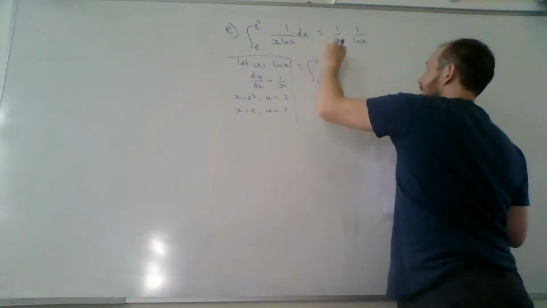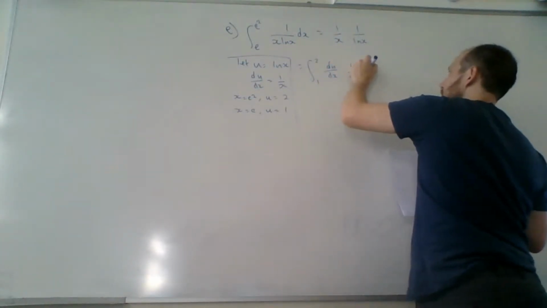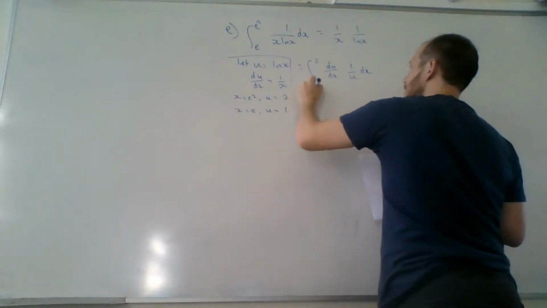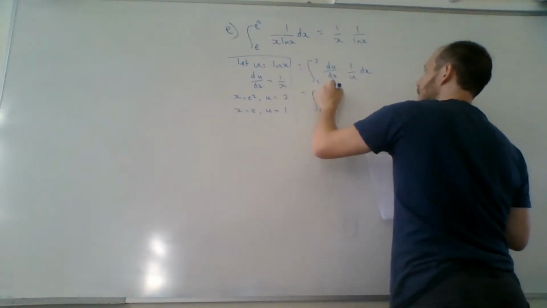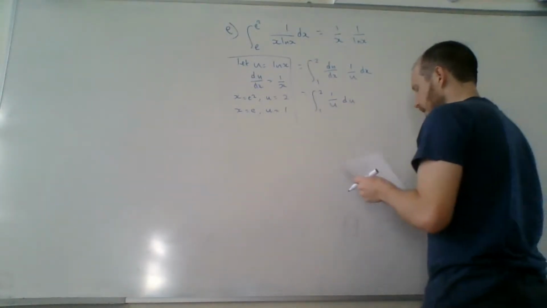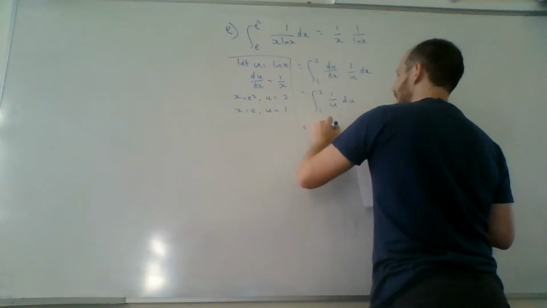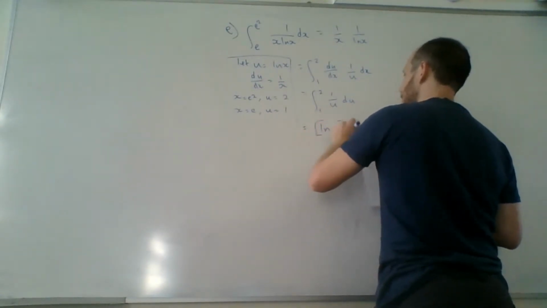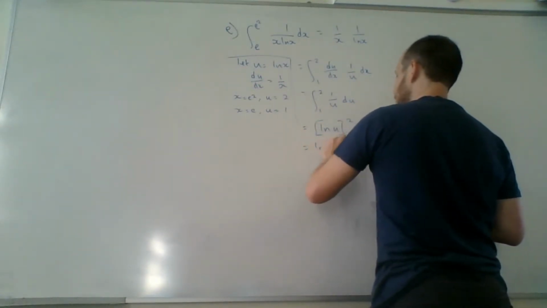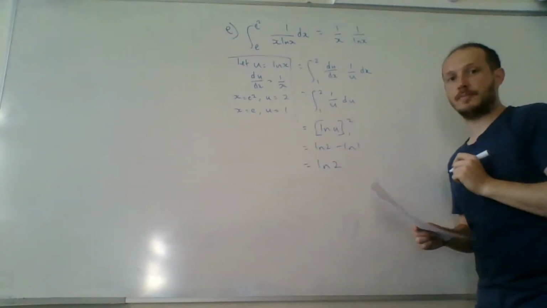Now, 1 over x is du dx times 1 over u dx. And if we simplify this, we get 1 over u du. And if we integrate, we get ln u from 1 to 2. So this is ln 2 minus ln 1, which again is ln 2.